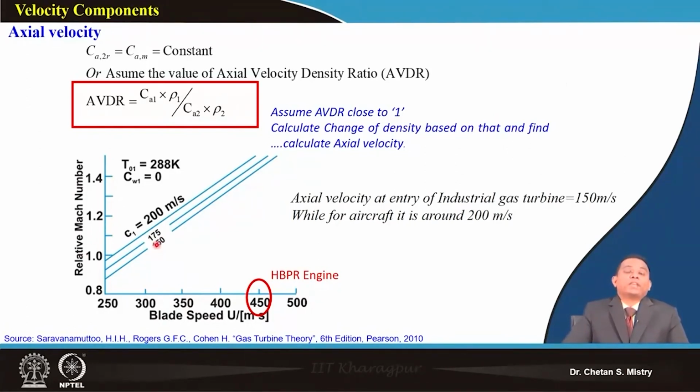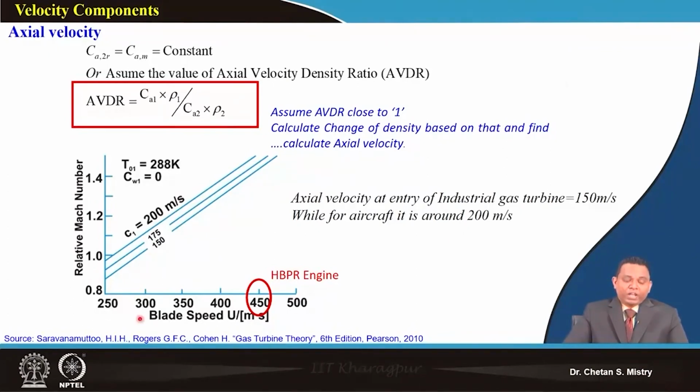If I am assuming my entry to be axial, we can say this is representing axial velocity. So the thumb rule says my axial velocity for an industrial compressor you can assume at initial stage to be 150 meter per second, and for aero engines you can select that to be say 200 meter per second.